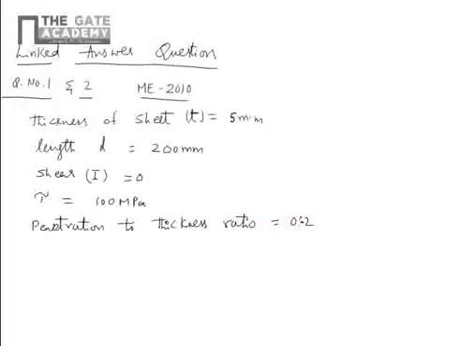Assume force versus displacement is a rectangle, that means there is no shear, shear is 0 we have taken.